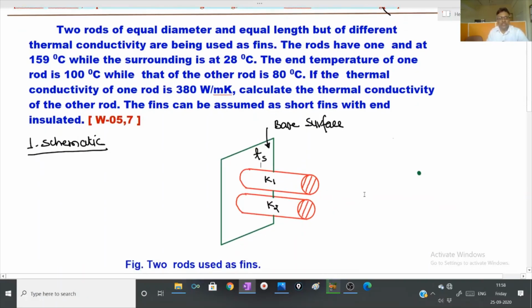Both these fins are of the same length and same diameter, and these values are capital L and small d respectively. That is, d1 is equal to d2 is equal to d.